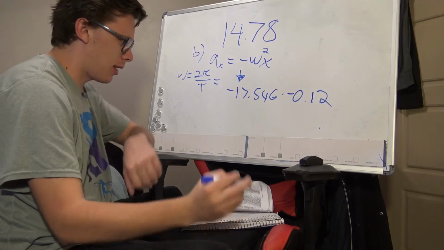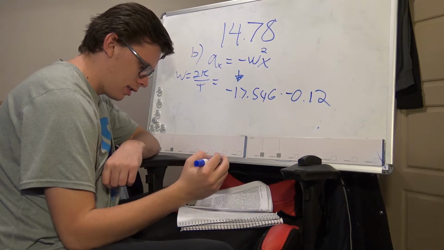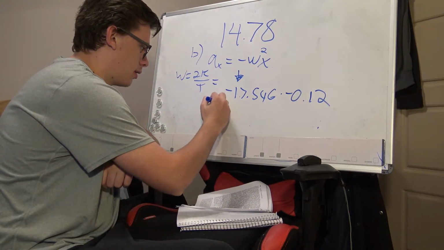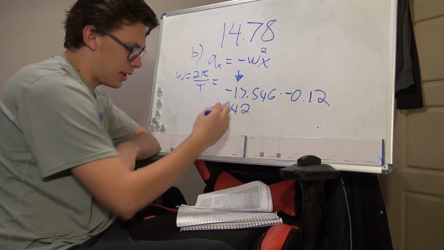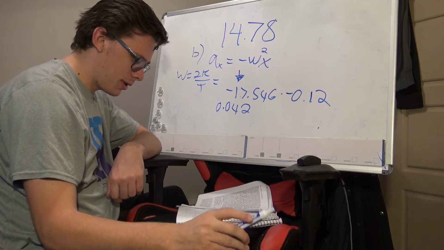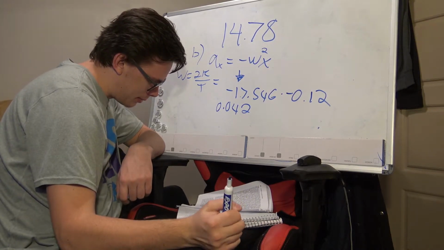So you just times those together and you'll get 0.042. That's meters per second squared because that's our acceleration, but we want the magnitude and direction of the force acting on the bolt.